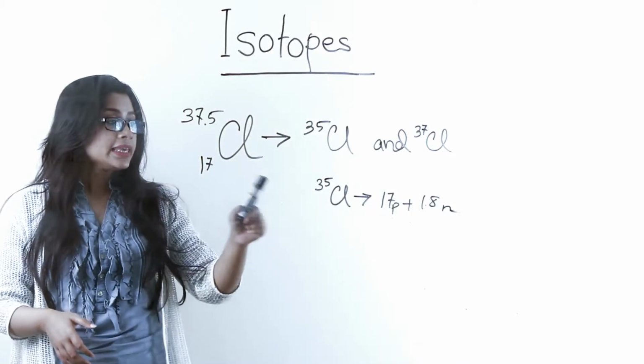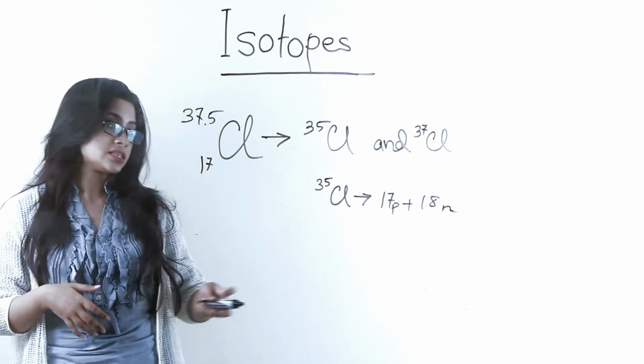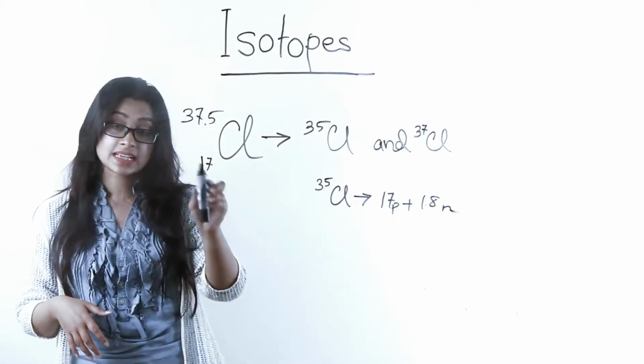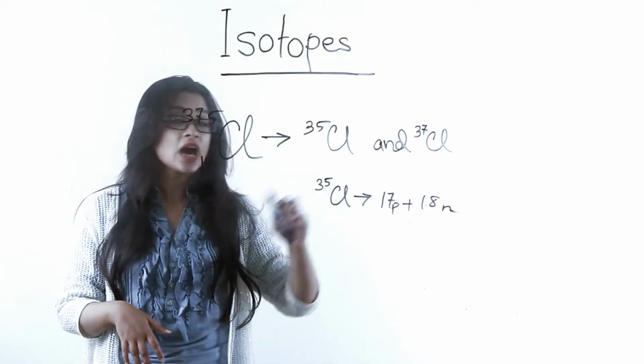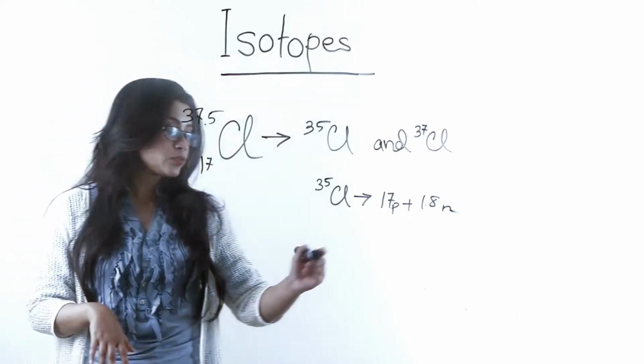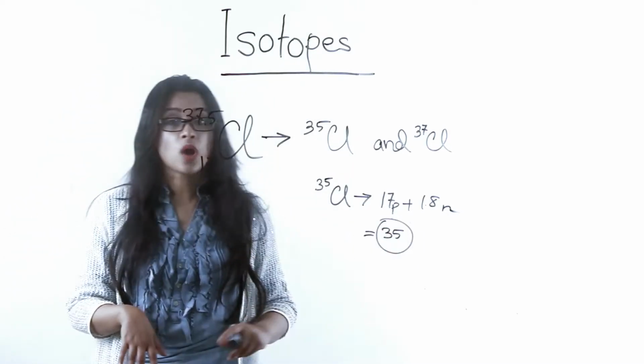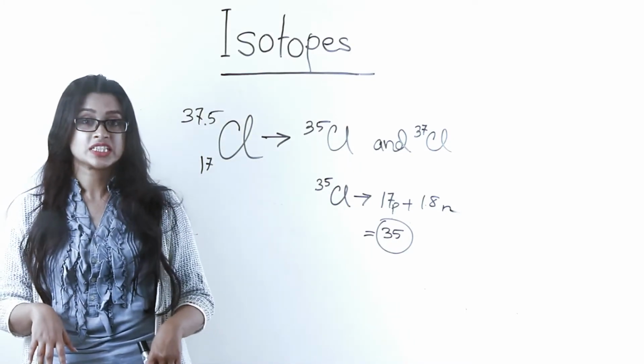So, in one atom of chlorine 35, in the nucleus, you have 17 protons as always, and you have 18 neutrons. So when you sum them up, it forms a mass number of 35. That is one atom of chlorine 35.